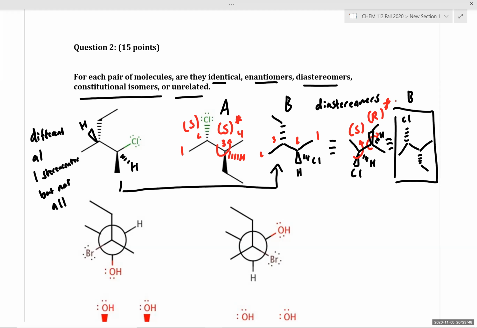So that's the alternative method. You can manually assign each stereocenter and then compare and determine whether your stereochemical assignments are the same or different at all, one, or some of your stereocenters. You can apply the method from the original drawing, but keep in mind you will need to rotate your molecule in order to place the hydrogens in the back.